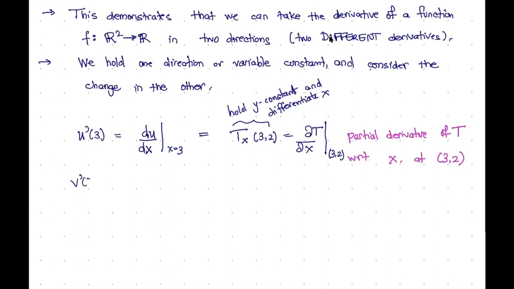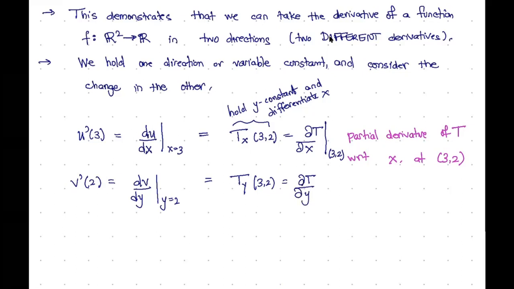V prime of 3, well actually V prime of 2, would have been dV/dy since V ran in the y direction, and this would be specifically at y equal to 2. We will denote that with T with a little subscript y at (3, 2), or with this funny looking curly d, dT/dy, and it's still read as d even though it's curly d.